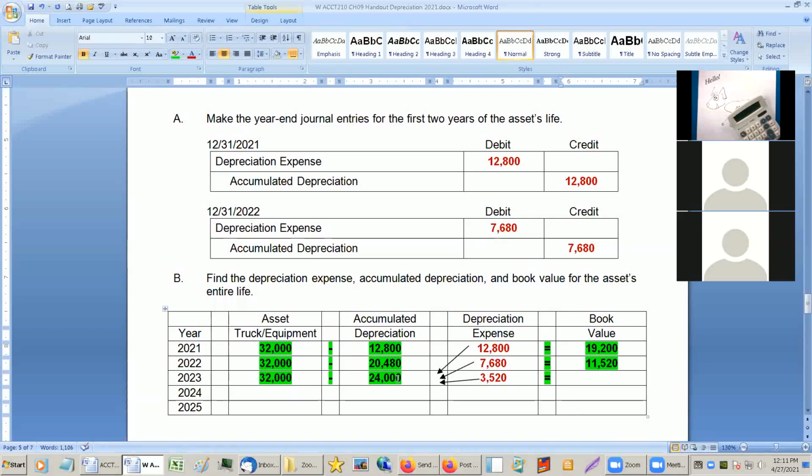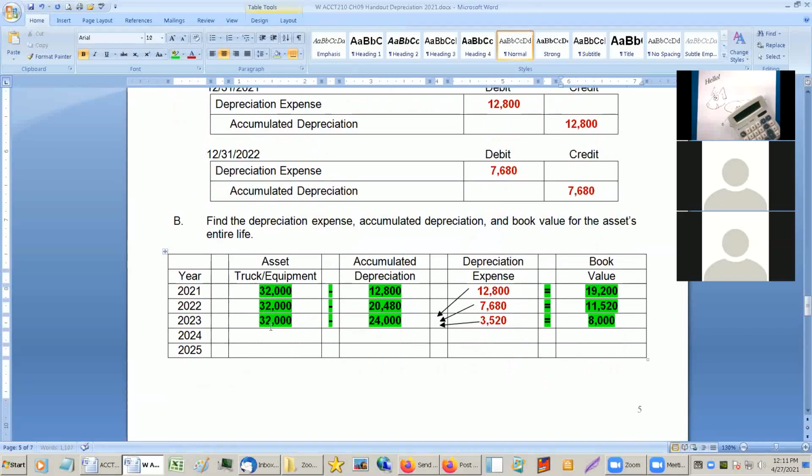Now, you won't have any more depreciation expense, but you're still going to have this on the books for 5 years.